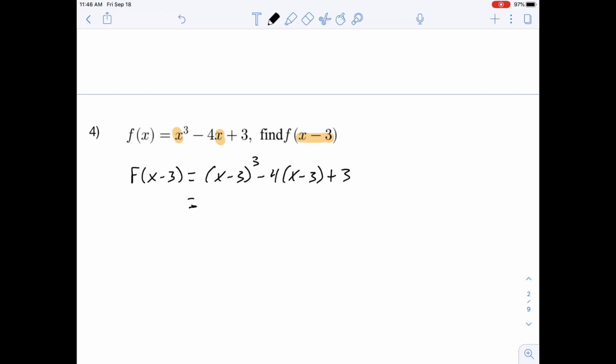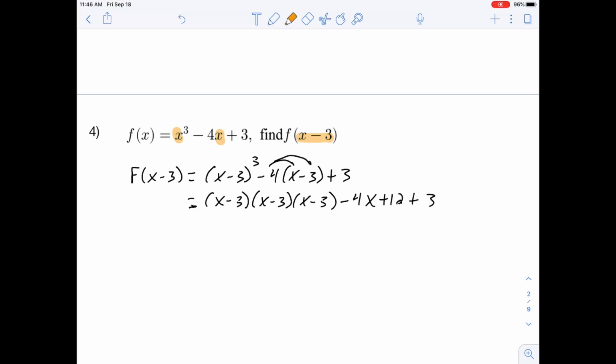Again, you can't distribute this exponent of 3. It means x minus 3 times x minus 3 times x minus 3. And then I'm going to distribute this. So that would be minus 4x plus 12, excuse me about that, that's not equals, plus the 3.